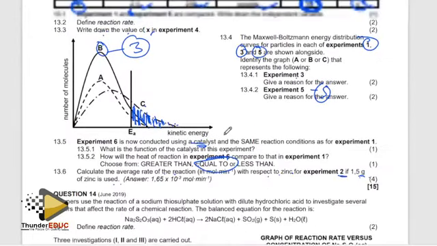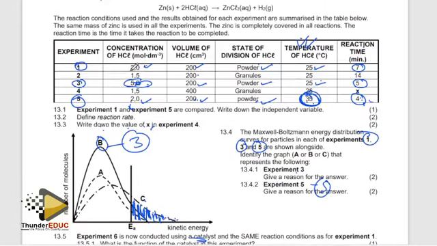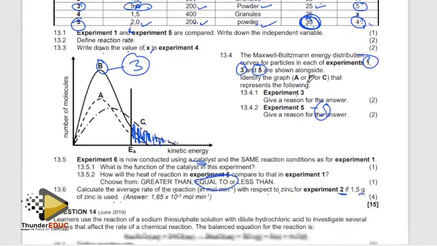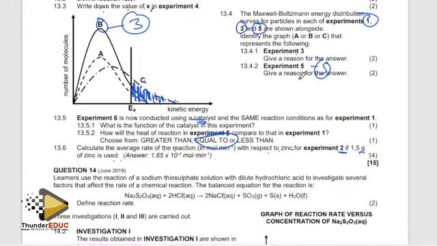They said in experiment 2 it is 1.5, but they said 0.5, meaning that we need to find out the number of moles which reacted. Number of moles is equal to mass over molar mass. Zinc is what?